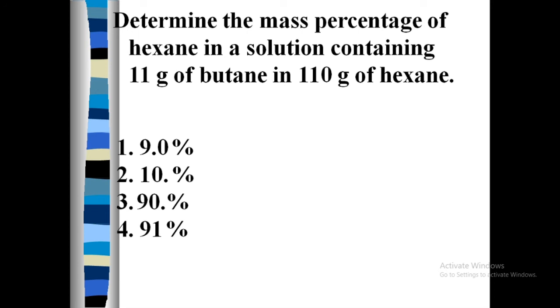Mass percentage of hexane is equal to mass of hexane divided by total solution into 100. Mass of hexane is nothing but 110 gram. Total solution is 121 gram, into 100. So calculate this value, then only we come to know which one is the correct answer.